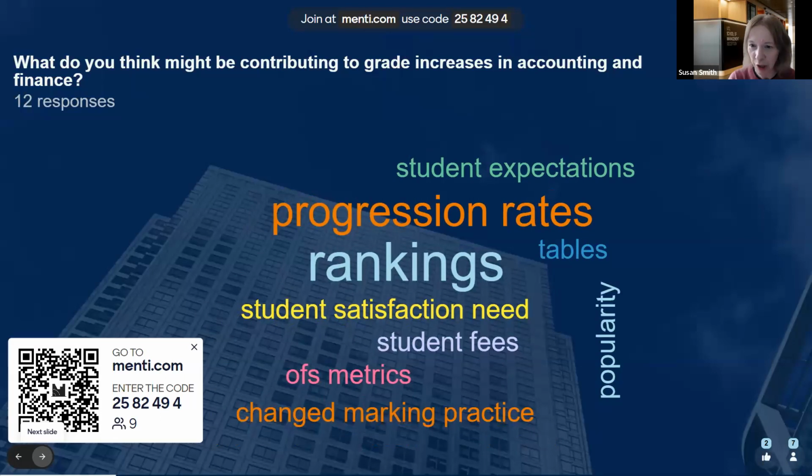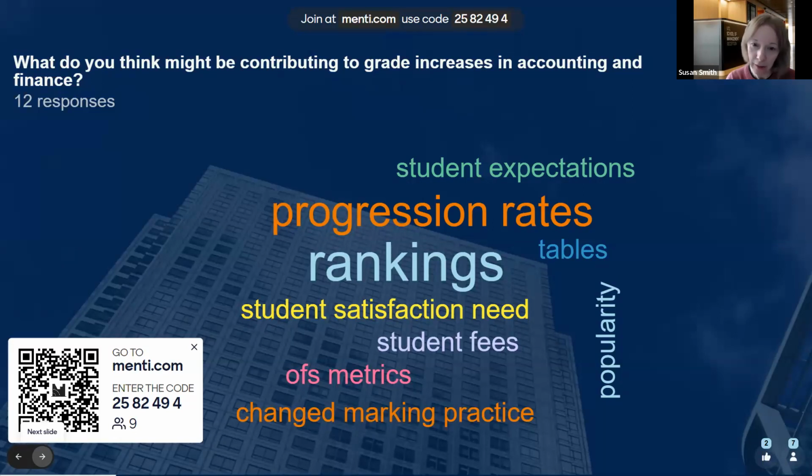So we can see progression rates, which we know are in the Office for Students' conditions, rankings, which obviously the student outcomes feed into. Student satisfaction, yes, as students are increasingly portrayed as consumers of education. Change marking practice, yes, and we saw quite a lot of changes during the pandemic.